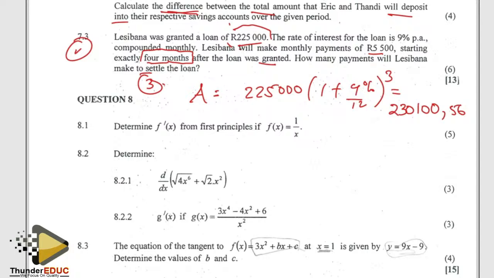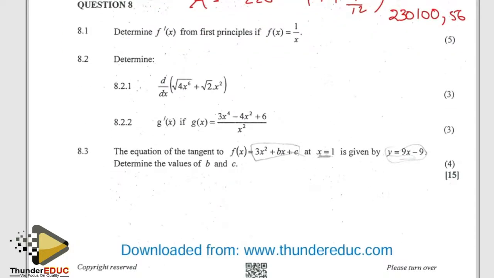Then question number 8, they want us to get the first derivative from first principles. So this question was a bit tricky, but it was easier. Like it's quick. Okay. So f of x is 1 over x. We need to determine f of x plus h, which is 1 over x plus h. Where there is x, replace with x plus h.